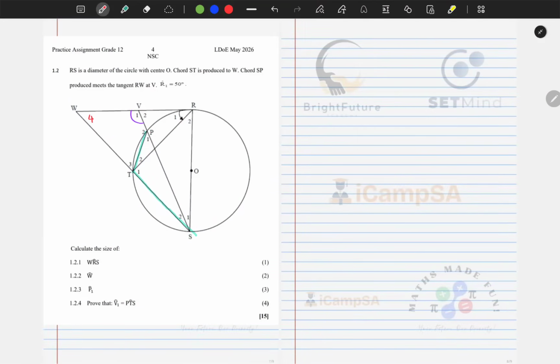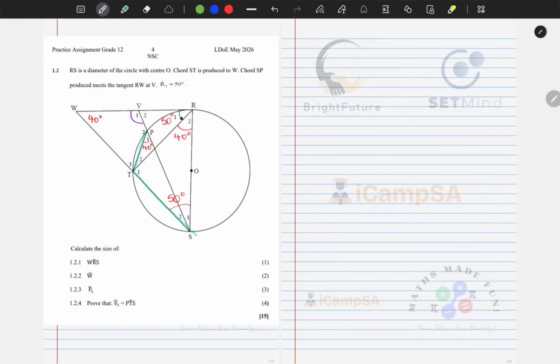So if you remember, here we're at 40 degrees and then this entire angle, we had it as 50 degrees, if you remember. We found this one to be 40 degrees, and we found this one to be 40 degrees too. Okay.